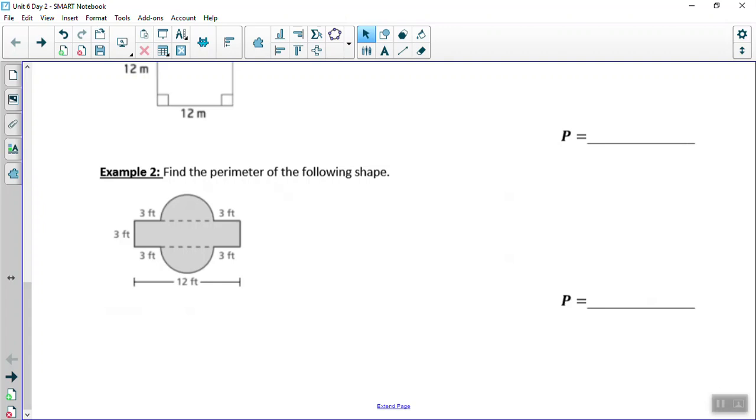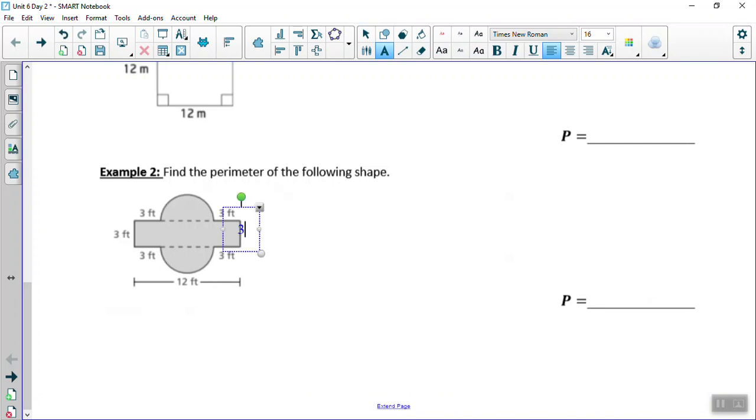What we're missing are the outsides of the semicircles, and we're also missing this side over here. But this side is going to match this side here, so this one will also be 3 feet.